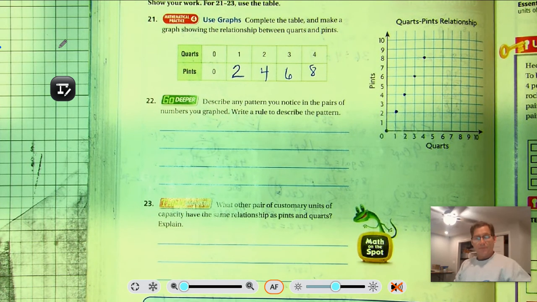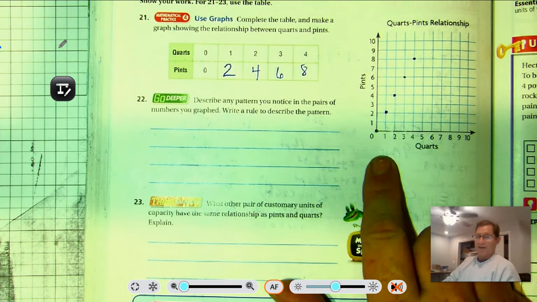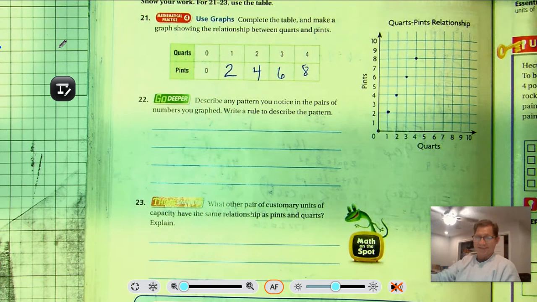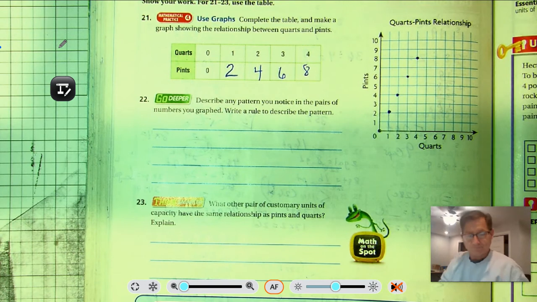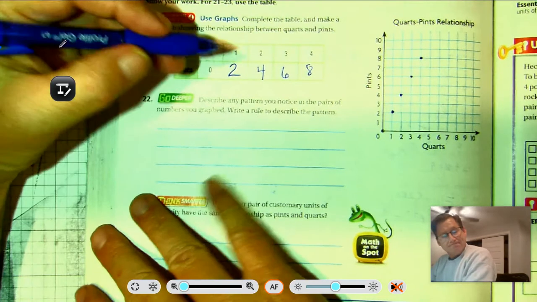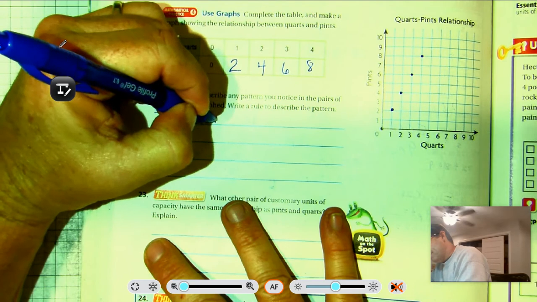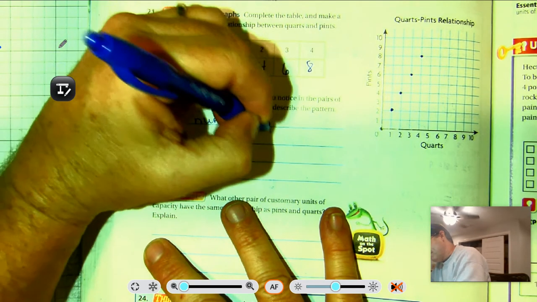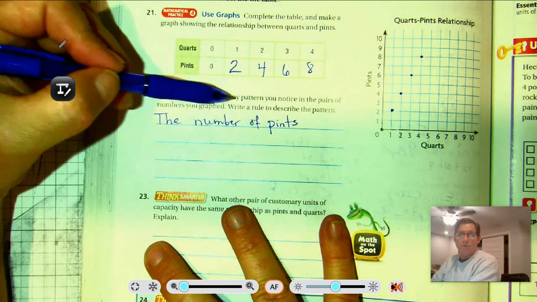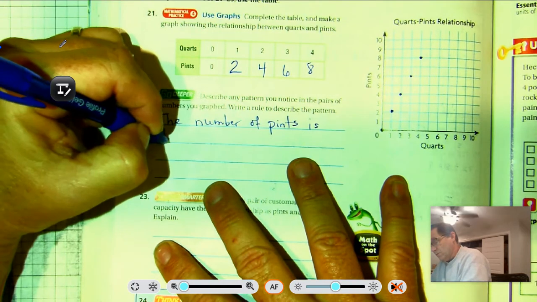Well, I notice that it's forming a straight line, so as the number of quarts increases, the number of pints increases too. So when we look at this, the number of pints is double the number of quarts, right?